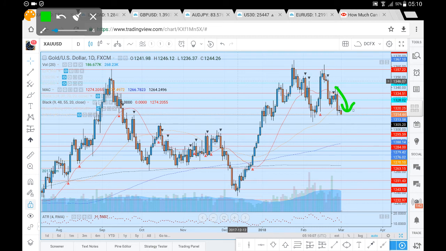Would expect possibly to see further sell side momentum. So we do have these sizable candles to the downside, which make us more likely to head down towards that 13.05 level. If we do find support there, we've got a bit of a trading range developing here for further upside continuation.